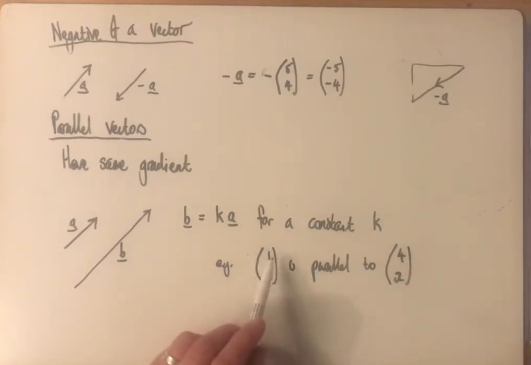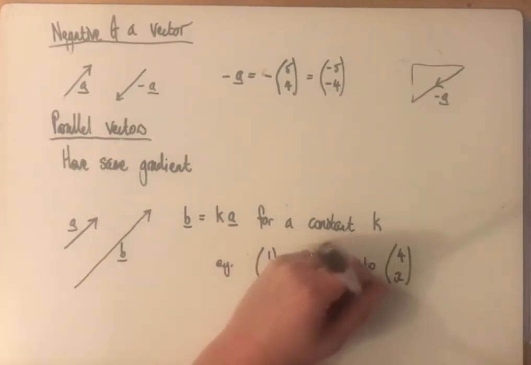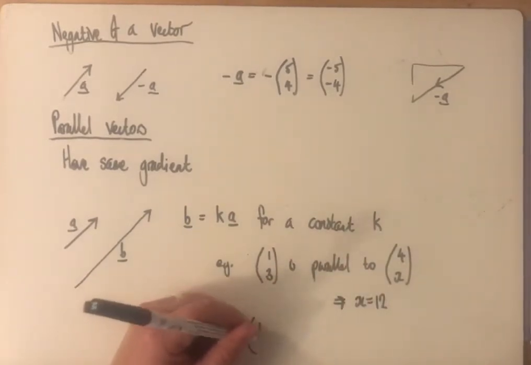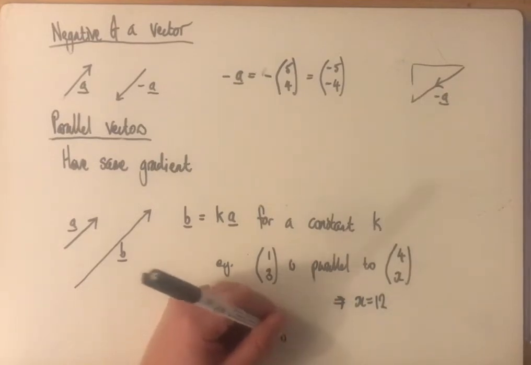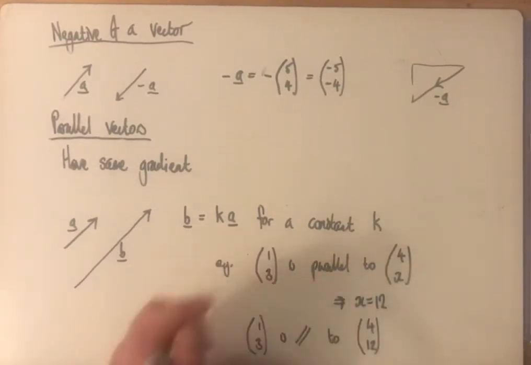So 4 times 1 is 4, 4 times 3 is 12. So 1, 3 is parallel to 4, 12. If you multiply top and bottom by the same thing, then you'll get a parallel vector.